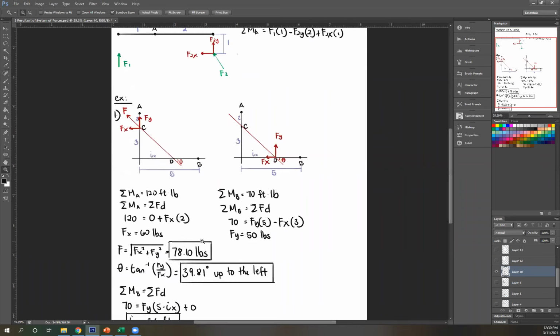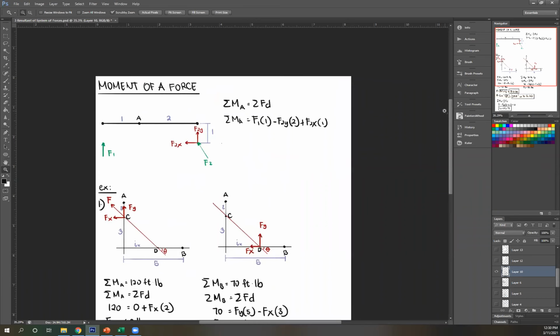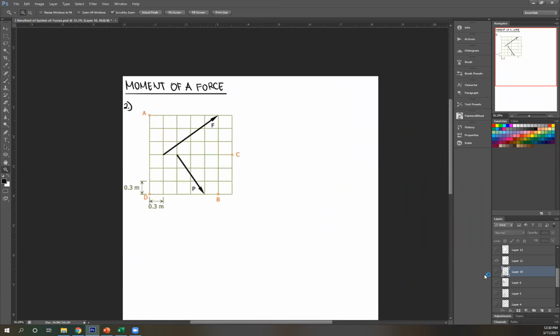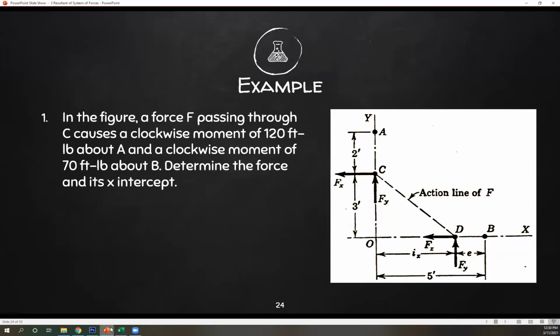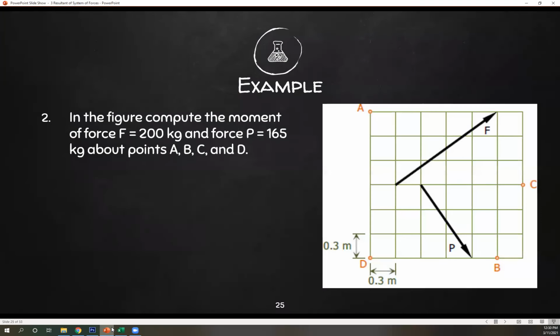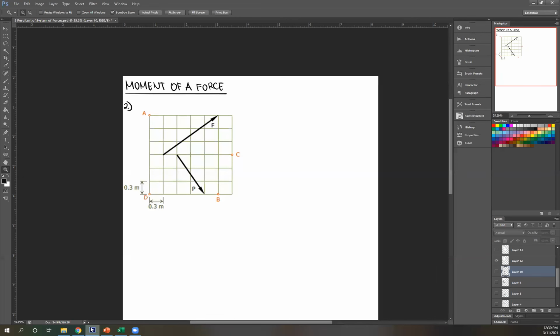Let's move on to the next, number 2. Number 2. It's a bit long. In the figure, compute the moment of force F and force P about points A, B, C, D. So it's pretty straightforward. F is 200, P is 165.